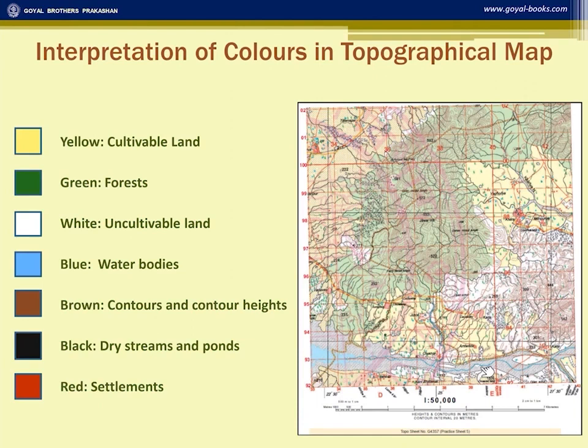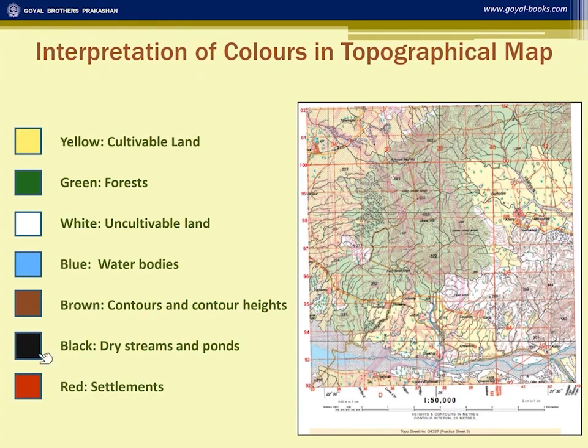Perennial means that there is water throughout the year. The brown is for contours and contour heights. The brown color is used only for contour heights and contours, and it shows the elevation above sea level.